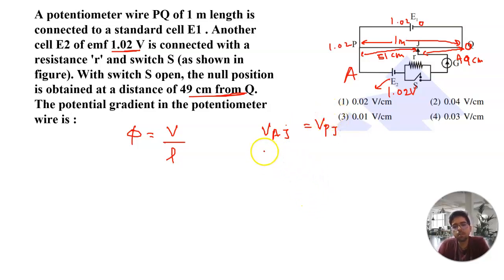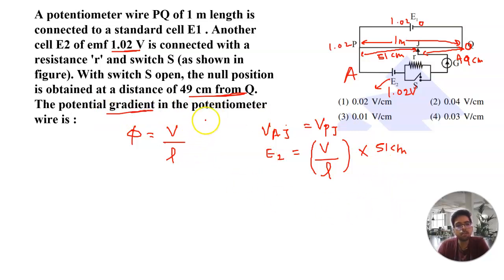The potential drop across AJ is E2, and across PJ, see only PJ. So V by L is the potential drop per unit length. How much length is given? 51 centimeter. Now they are asking the potential gradient in the wire.